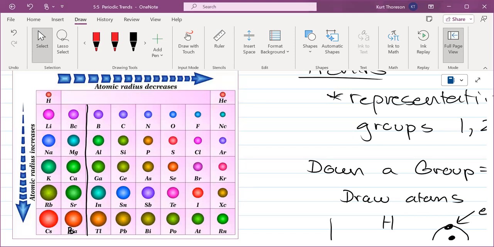So see if you might be able to visualize this, okay? You have more protons in the nucleus. Are they going to be having a stronger draw towards those electrons or a weaker draw? Stronger. So what do you tend to do when you're drawn to something that you're attracted to?